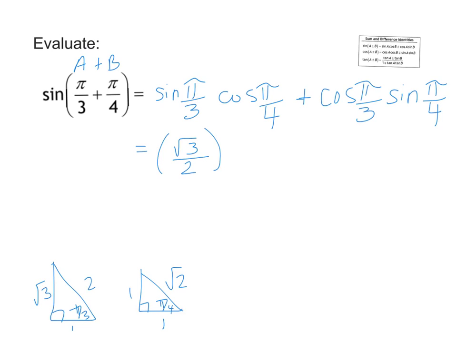Cosine of pi over 4 then is 1 over root 2 from that second special triangle. Also positive because pi over 4 is also in the first quadrant. Cosine of pi over 3, adjacent over hypotenuse, so it's 1 over 2. And the sine of pi over 4, 1 over root 2.